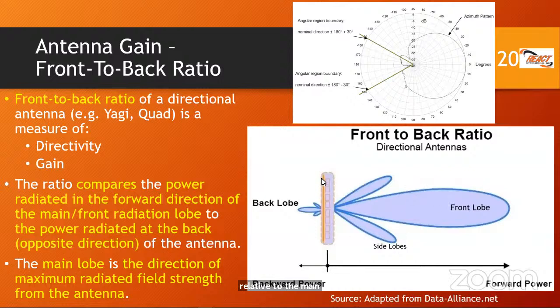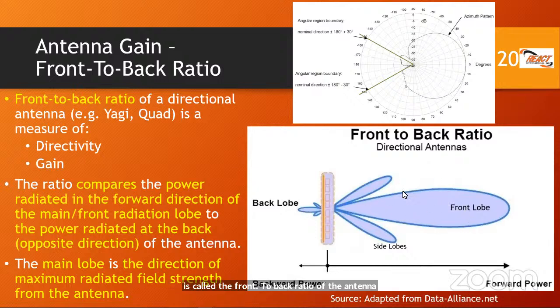And the front to back ratio speaks to the directivity, as opposed to omnidirectional, and the amount of gain, right? So this ratio actually compares the amount of power that is radiated through the front lobe, in this direction here, to the amount that is radiated in the back lobe. So that is called the front to back ratio of the antenna.